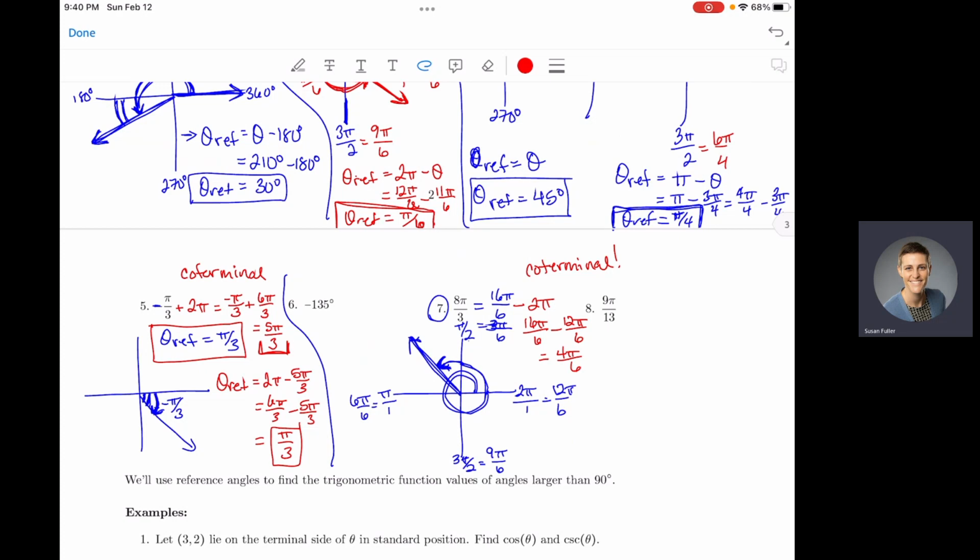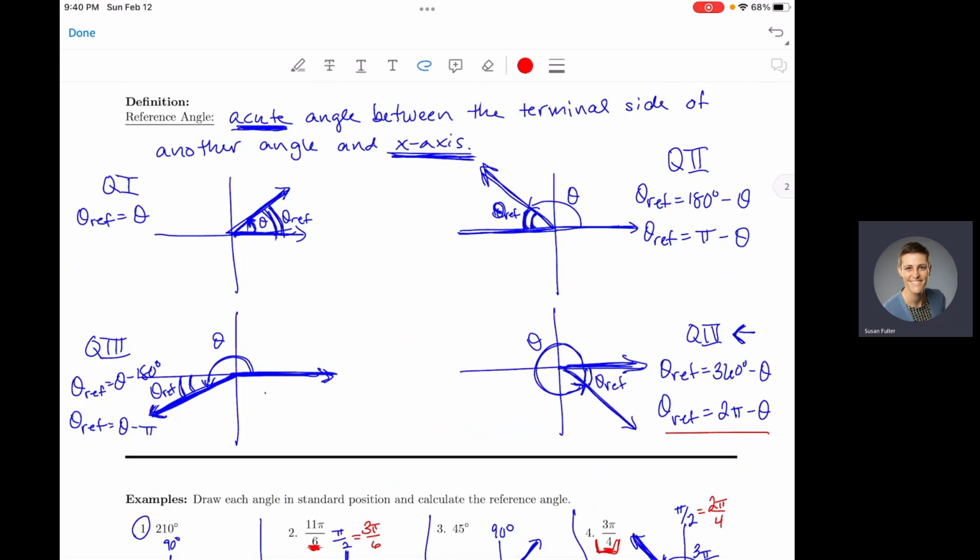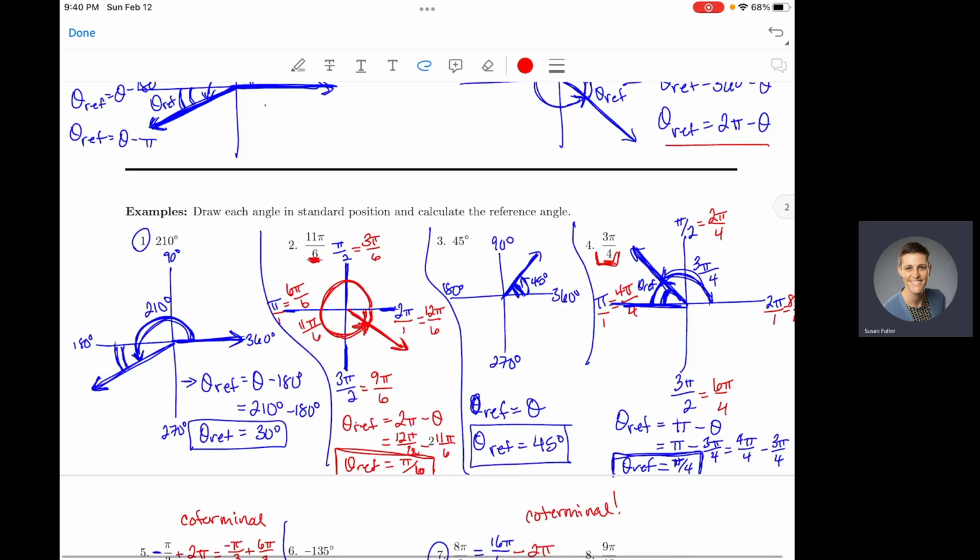4 pi over 6 starts here and rotates up here because that is between 3 pi over 6 and 6 pi over 6. So I am in quadrant 2. And now that I have a positively rotating angle between 0 and 360, now I can use my formulas. I would come up here and say, oh, I have an angle in quadrant 2. To find my reference angle, I'm going to do pi minus theta.